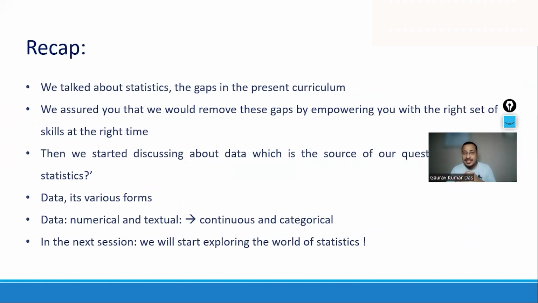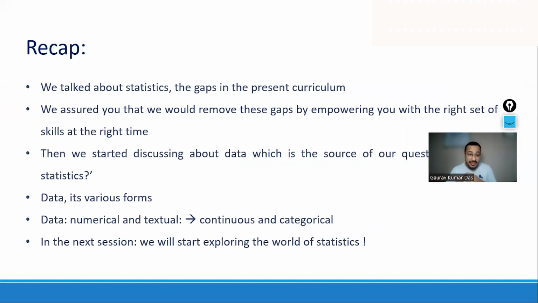We also started discussing the types of data which we have in the market, what its sources are, and we also discussed that when it comes to statistical analysis, it has its own limitations as well, because it can deal with textual and numerical data more efficiently than the other types of data which we came across.